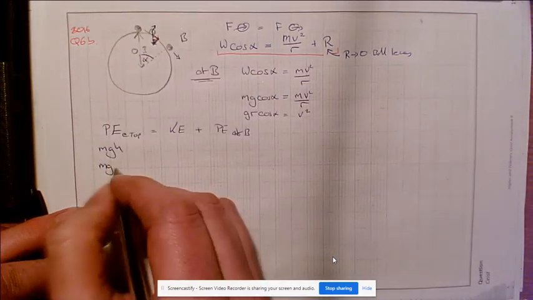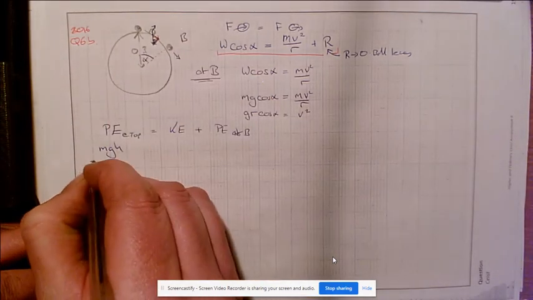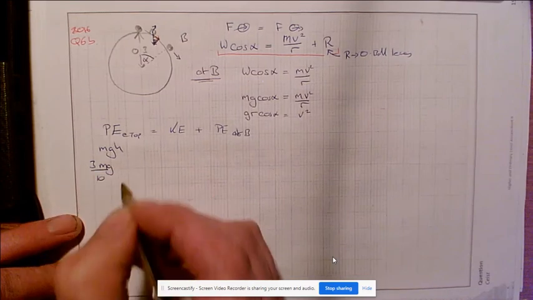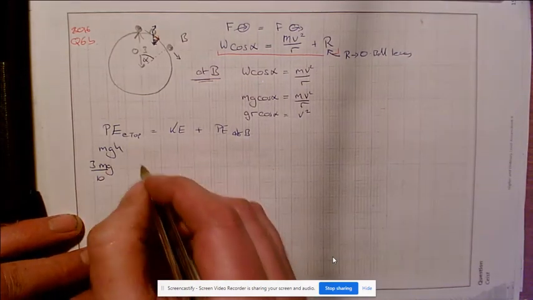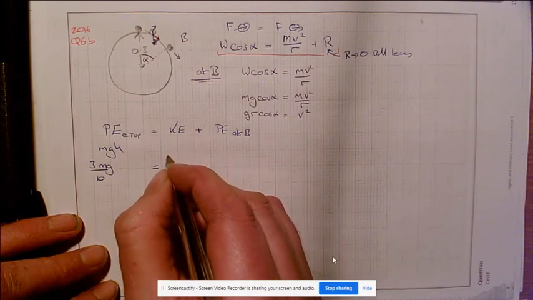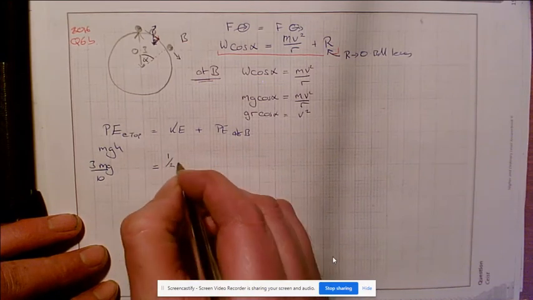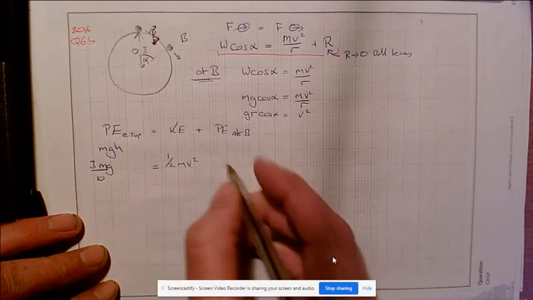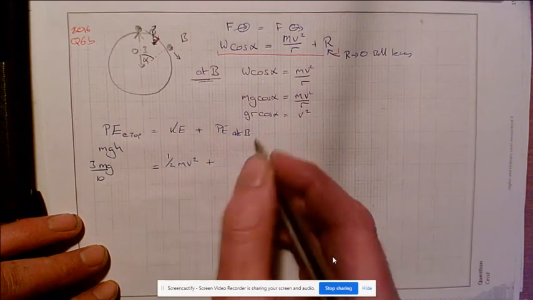I can write 0.3 mg, or just write 3/10, because it's equivalent. And that's equal to the kinetic energy, which is a half of mv squared, plus potential energy at the bottom.